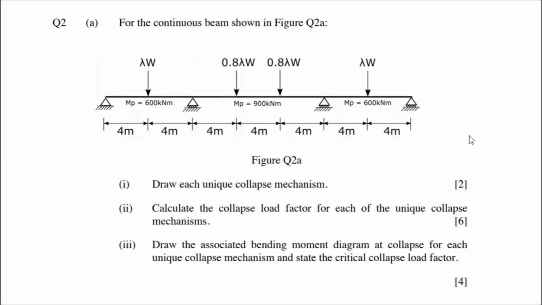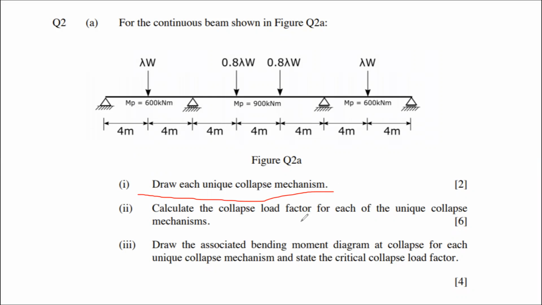So question number 2, problem number 2. For continuous beam shown in figure 2, meron tayo ditong loads na tatlo, which are 600 kN per meter, 900 kN per meter, and 600 kN per meter. So first, draw each unique collapse mechanism.